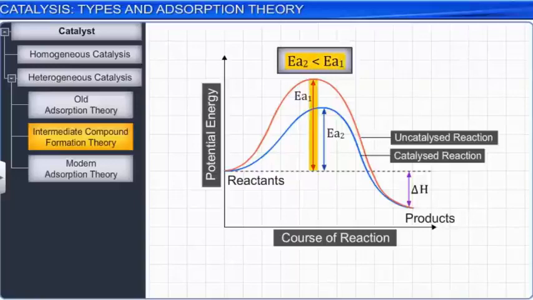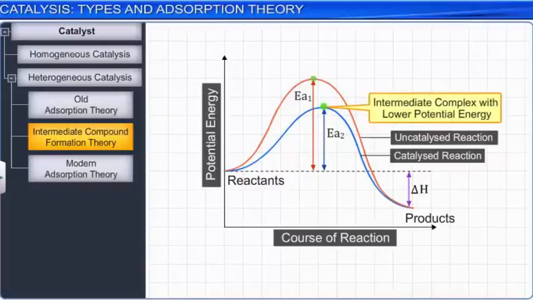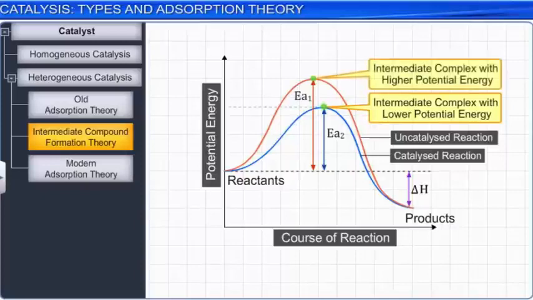Also, the peak of the curve represents the intermediate complex. You can see that the intermediate complex formed with the catalyst has a much lower potential energy than the intermediate complex formed between the reactants in the absence of the catalyst.